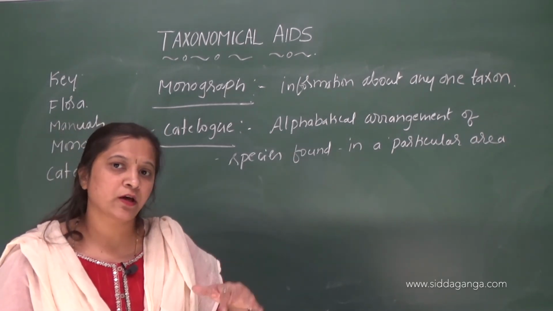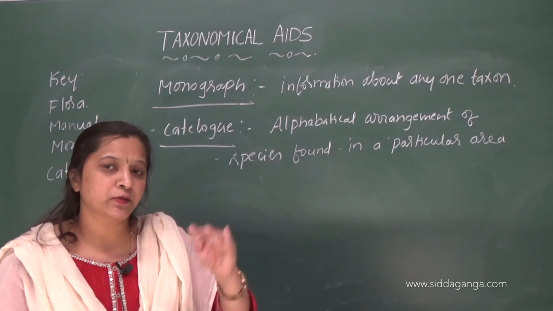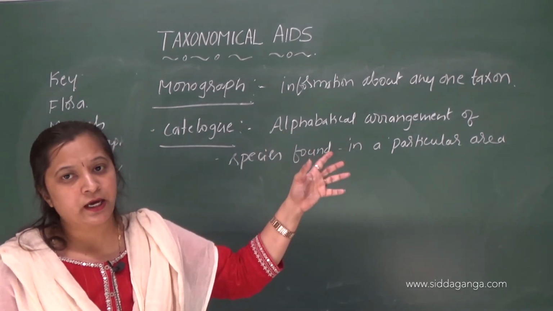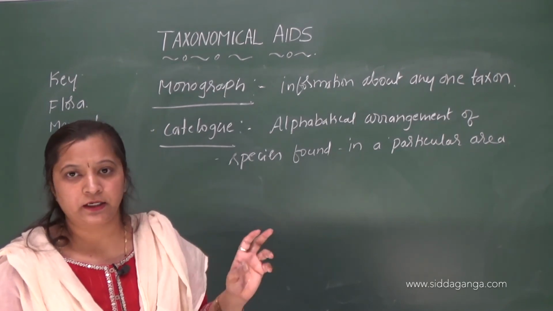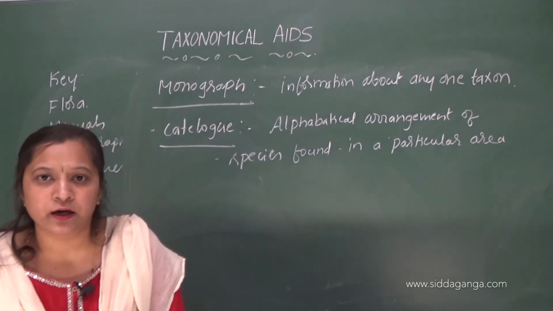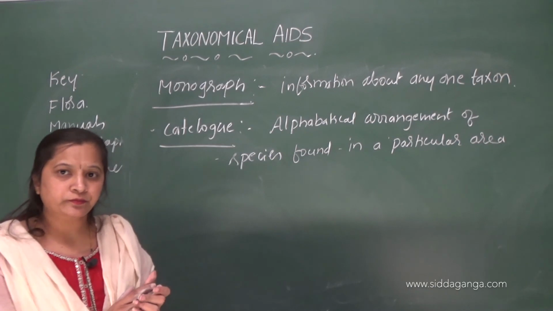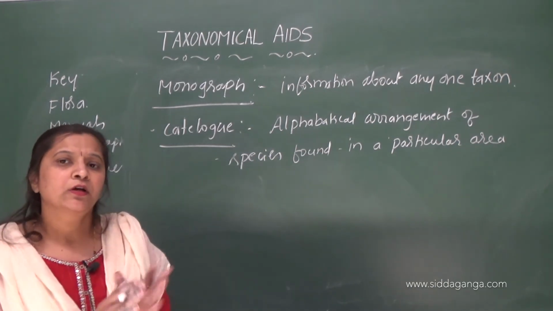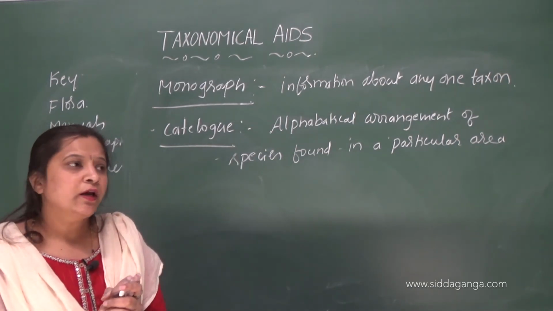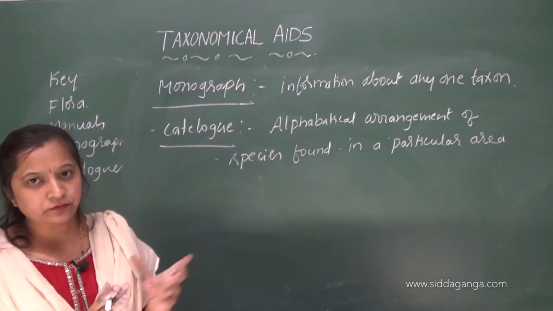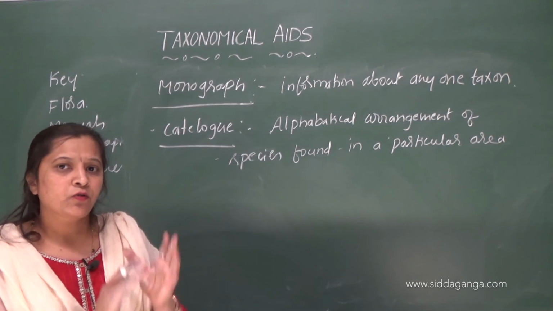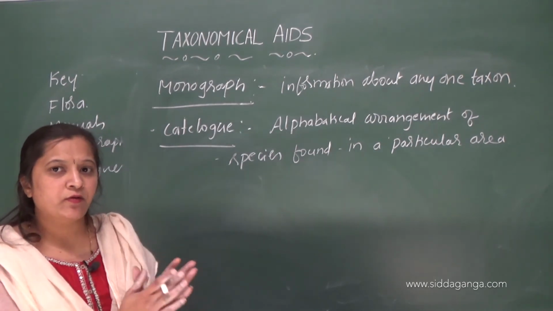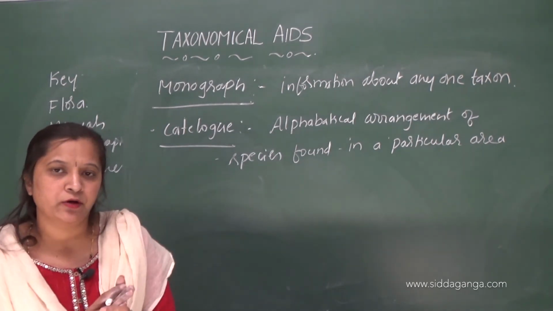As we move from lowest to highest category, the number of similar characteristic features will go on decreasing. All these things you have to remember, and examples of scientific names. And then taxonomical aids: what are taxonomical aids and the different types of taxonomical aids you have to remember.